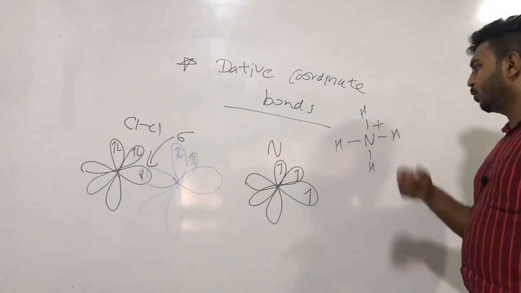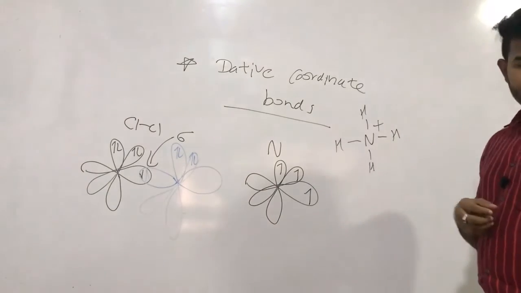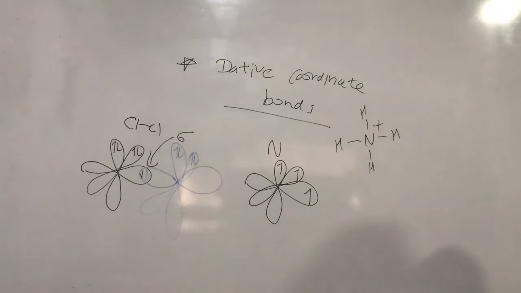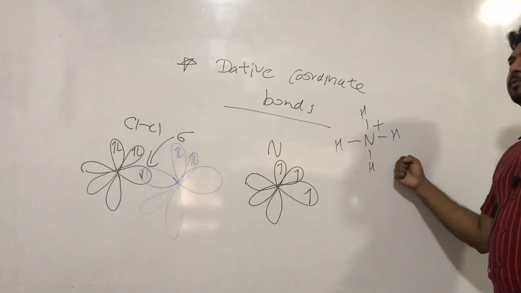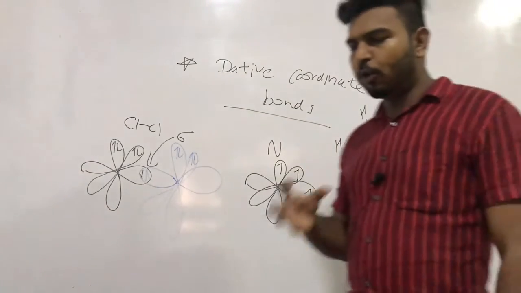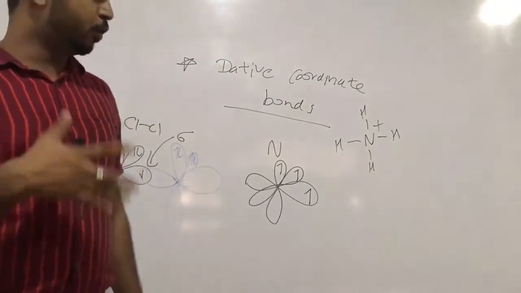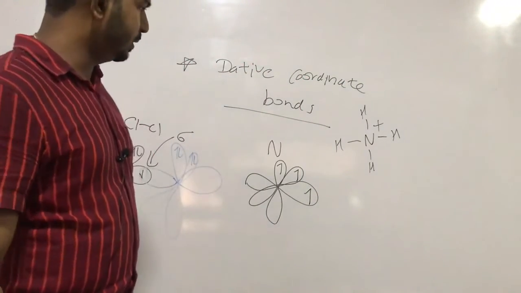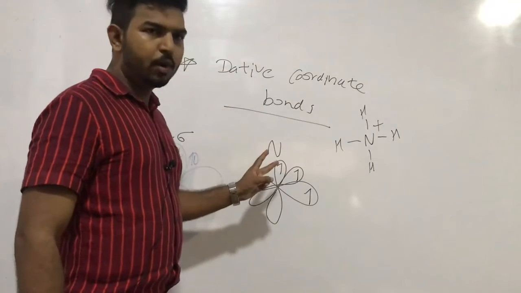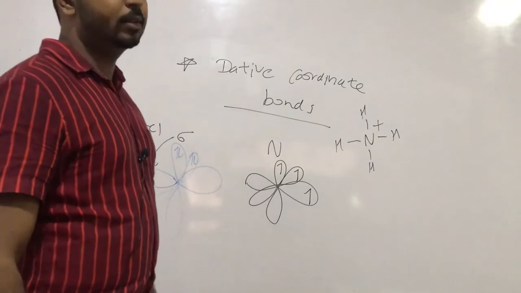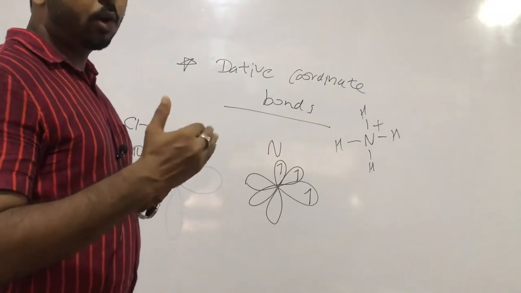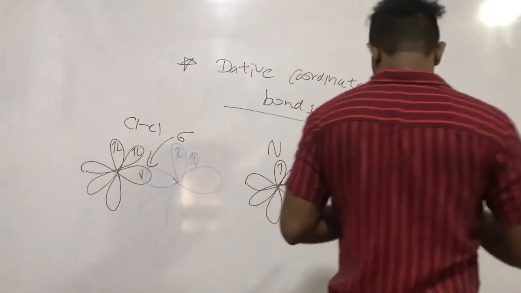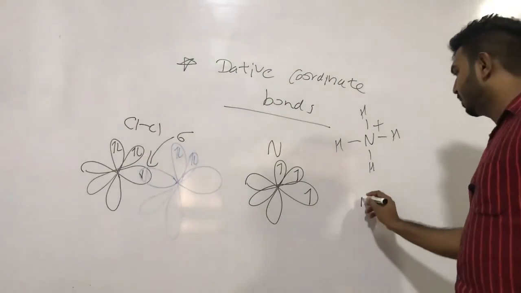But when we consider this one, there are 4 bonds. We should be able to explain this phenomenon of forming 4 sigma bonds rather than forming 3 bonds using 3 unpaired electrons. We call those bonds dative coordinate bonds. We can denote these like this.